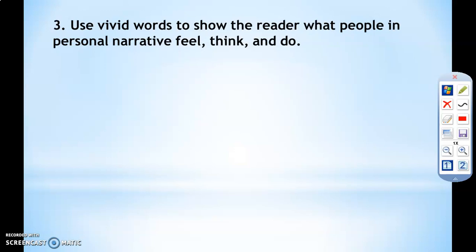They are words, adjectives, expressions that describe what happened in the story, and at the same time we use them to show the reader, the person who reads your work, what people in a personal narrative feel, think, and also what people do.